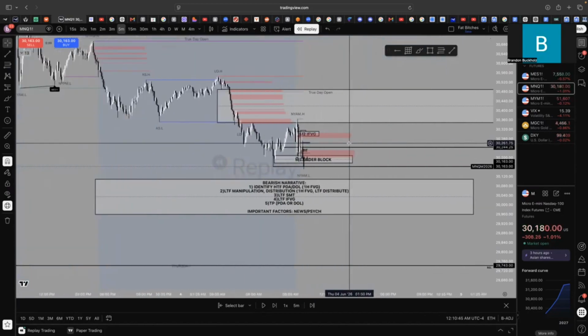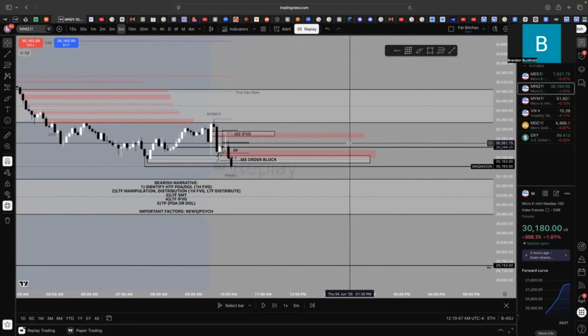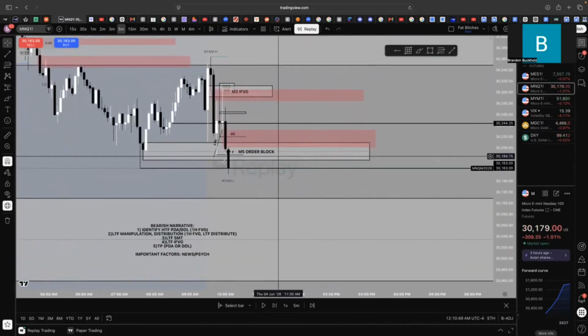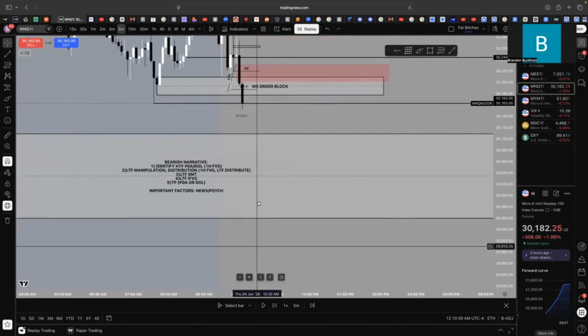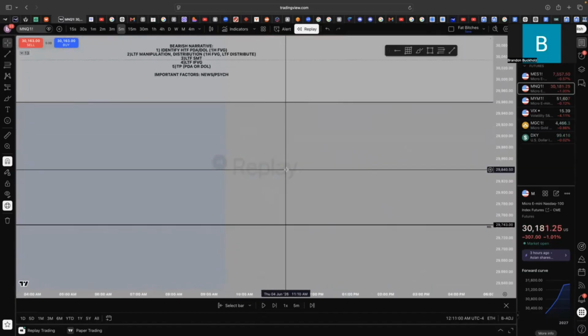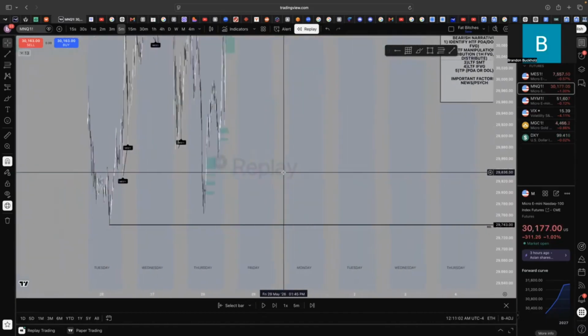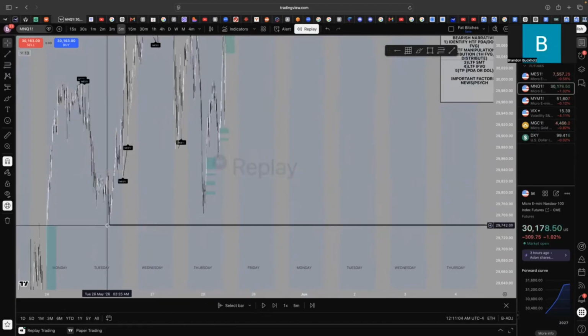So what does that mean for us? Well, if this extreme low gets taken, this external gets taken, and we don't have any clear draws on liquidity, right? You might have these relative equal lows down here.